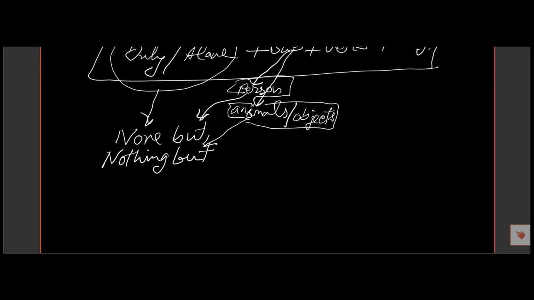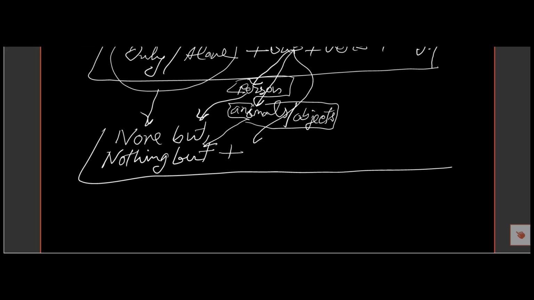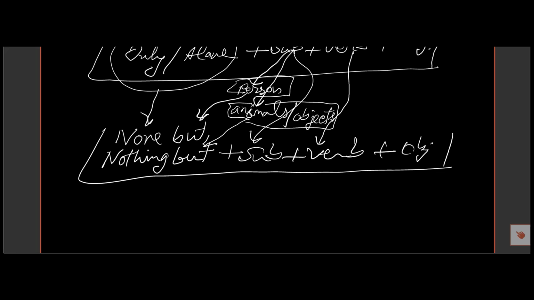So then the subject will be here, and others will also be the same: verb, object or others. This is the structure from affirmative to negative. Now we will see an example.